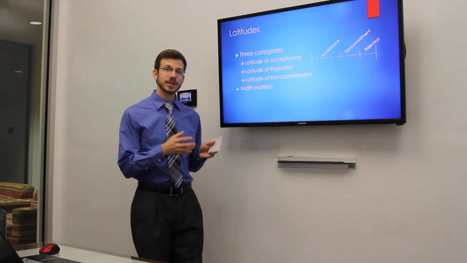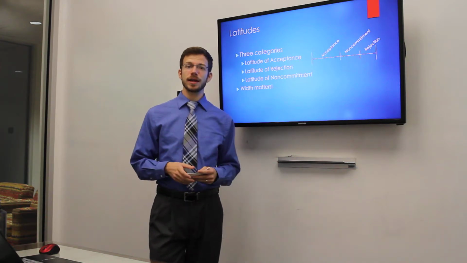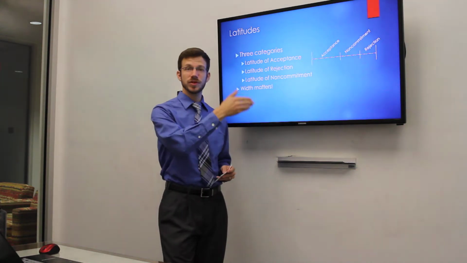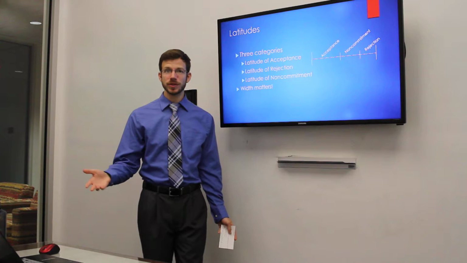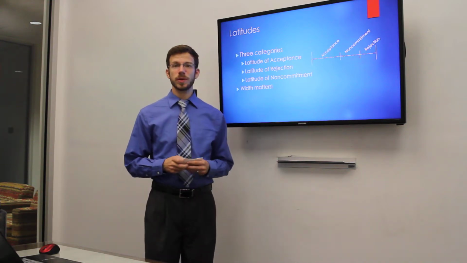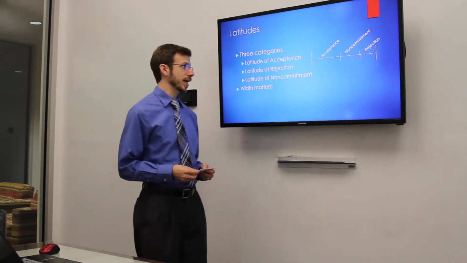So latitude of acceptance focuses on topics and ideas that the individual agrees with, different positions within that latitude. Rejection is the opposite, those things that they reject. And non-commitment is basically those things that they haven't made a final decision on just yet.